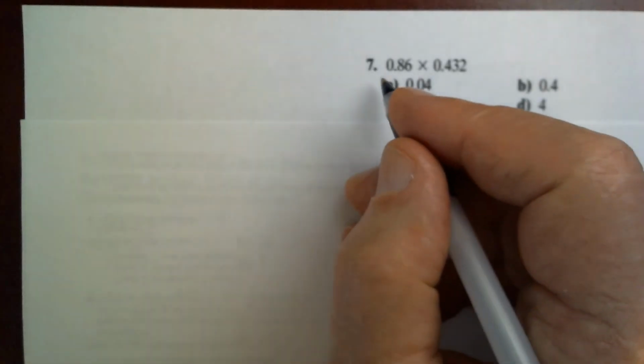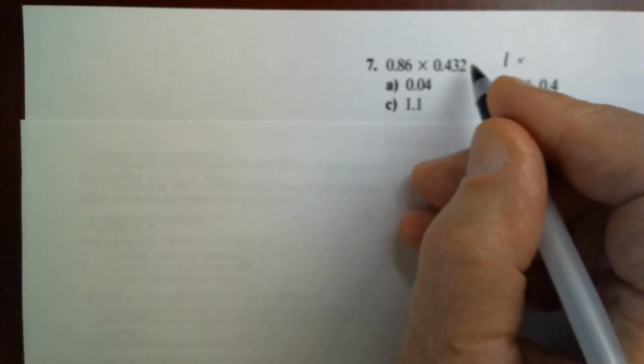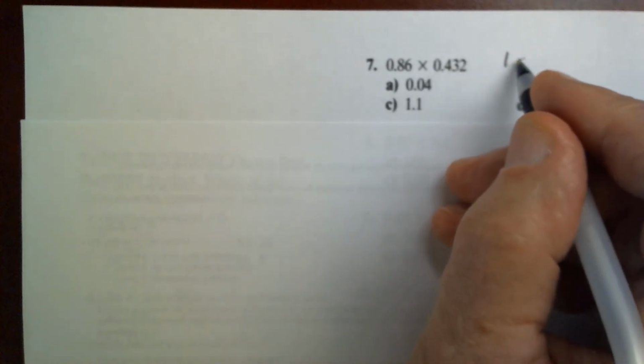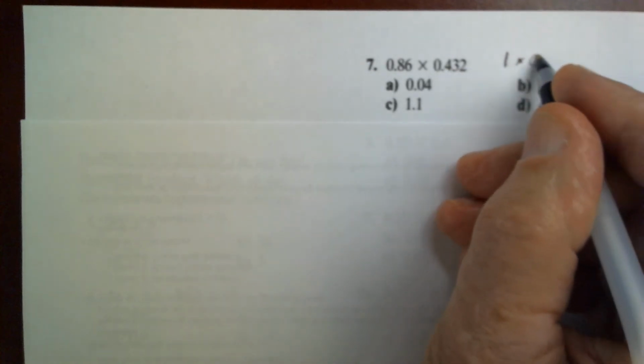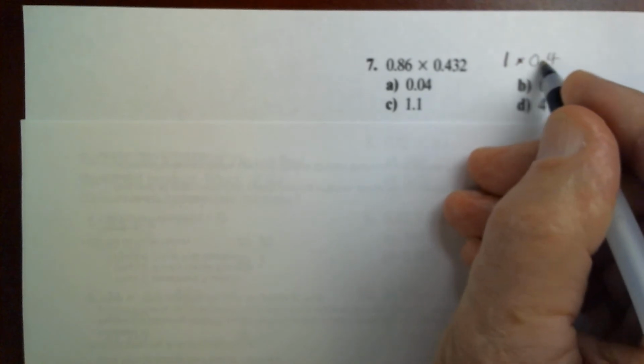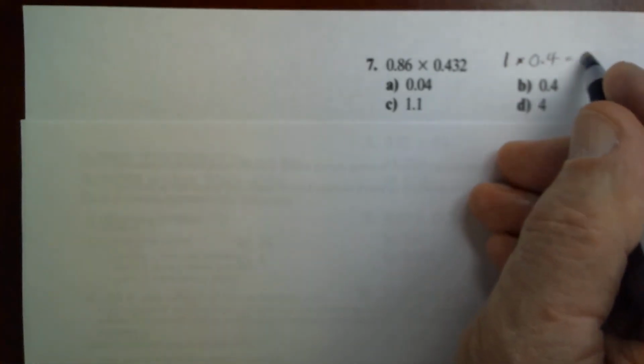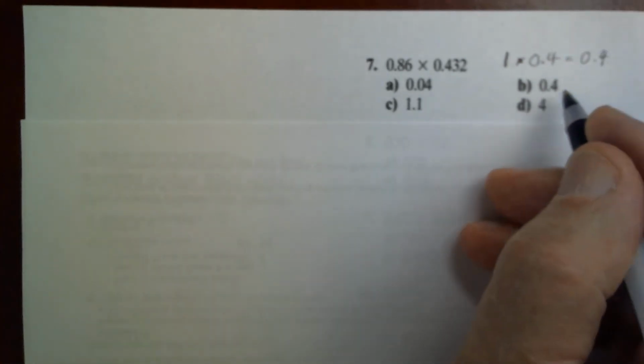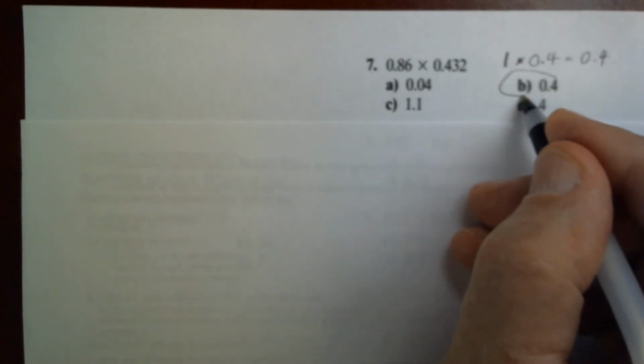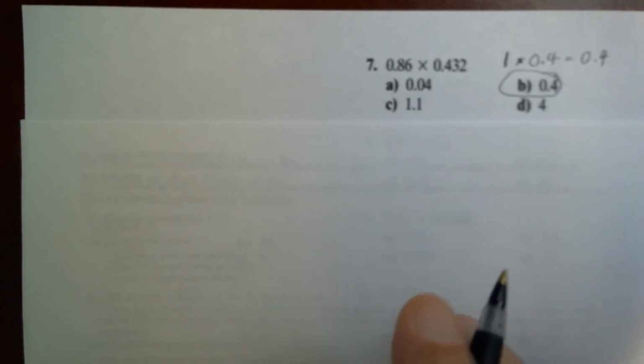Number 7, we round 0.86 to 1, and 0.432, we round that to 0.4, and 1 times 0.4 is equal to 0.4. The B is the correct approximation.